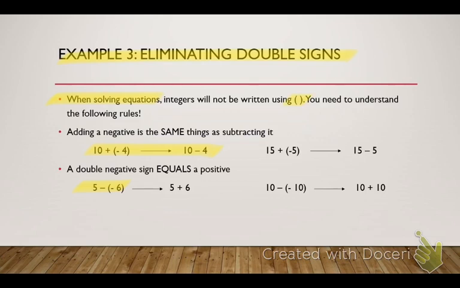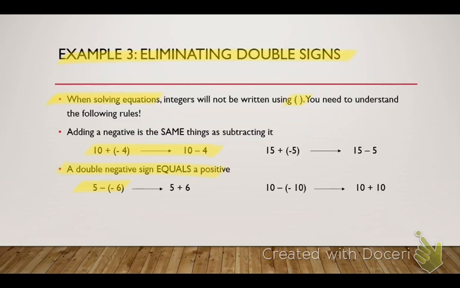This is very important because it changes your answer, as opposed to the first one where your answer is going to be the same either way. Okay, 5 plus 6 is 11. We've got to change the double negative to a positive. Okay, so double negative sign equals a positive. All right, that part's important too.